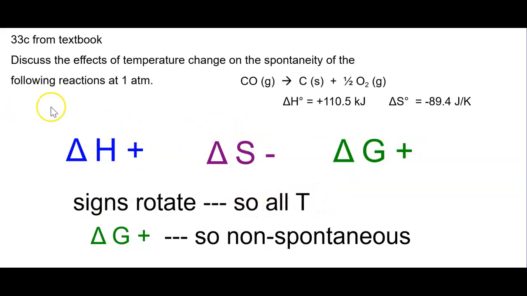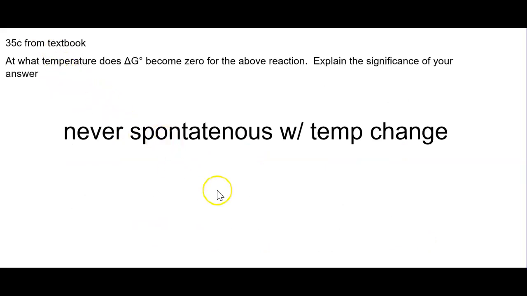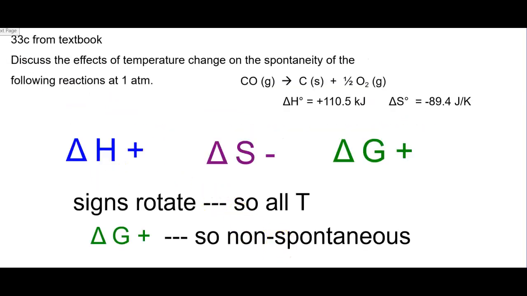When they're all on the same side, we do low temps. When the signs rotate, we do all temps. And we know that G is positive, so when G is positive, it's non-spontaneous. So we would not need to do a calculation here because it's never going to be spontaneous with the temperature change, because we know it's going to be always non-spontaneous at all temperatures.